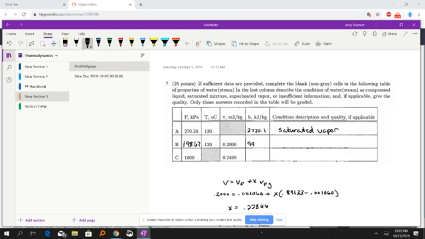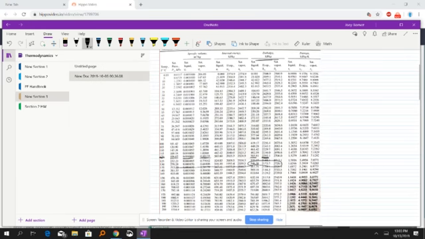I'm sorry, 995.89. We're going to take this value and find out where it lies. As you can see here, this is our saturated liquid, and this is our saturated vapor.